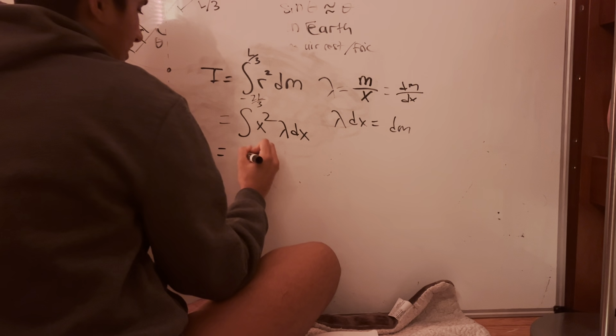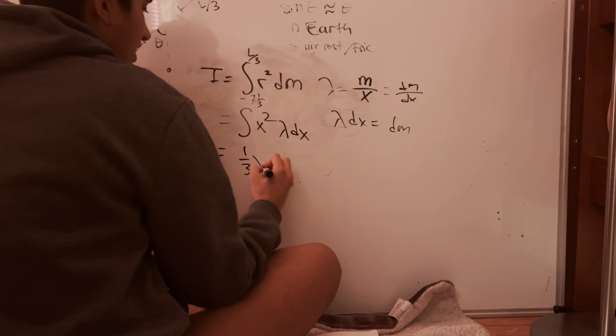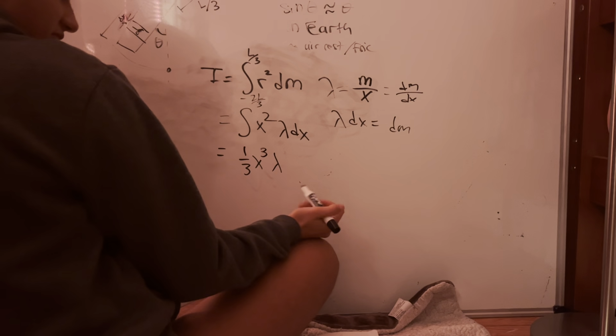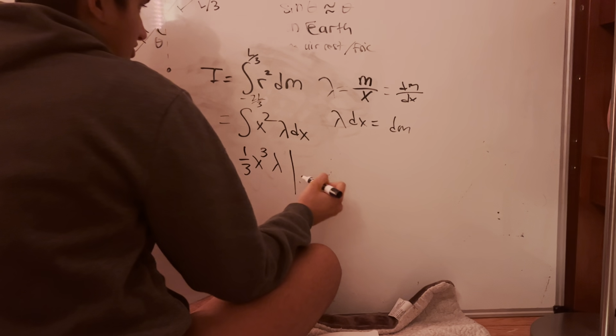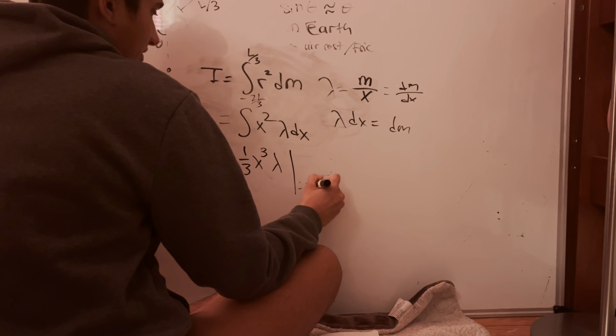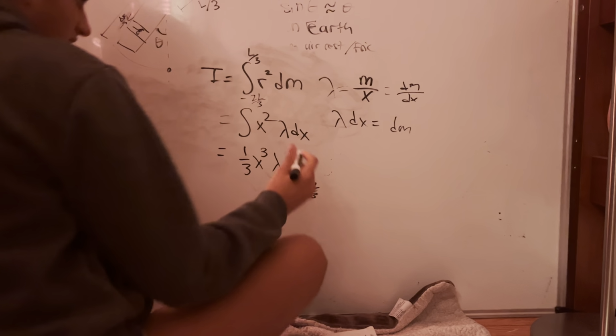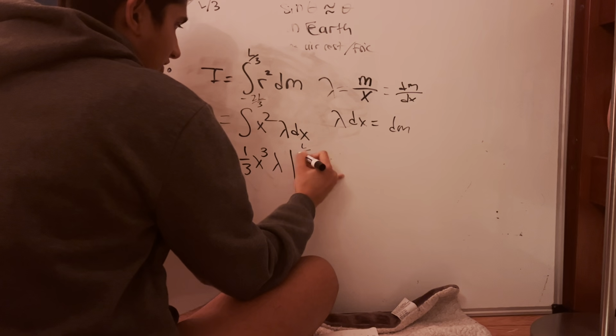Integrating this, we get 1/3 x cubed lambda, since we're integrating with respect to x, from negative 2L over 3 to L over 3.